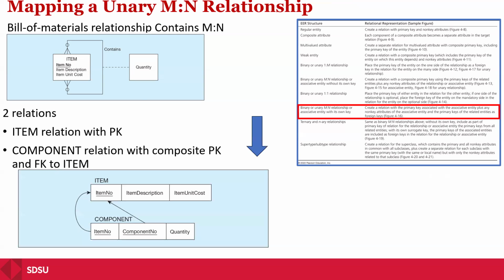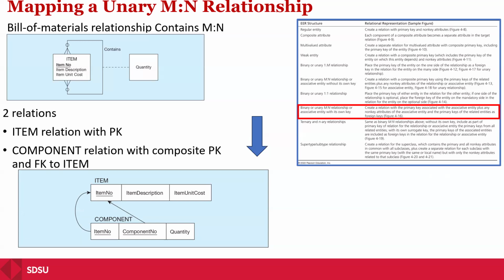So in this case, we are going to have an item relation, with item number as the primary key, item description, and item unit cost. This will represent the item relation, but we also add a component relation that will have a composite primary key, item number and component number.